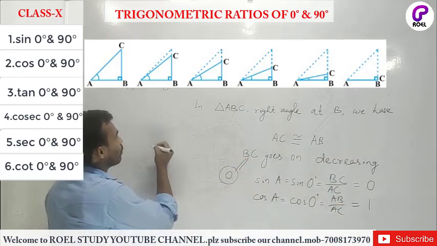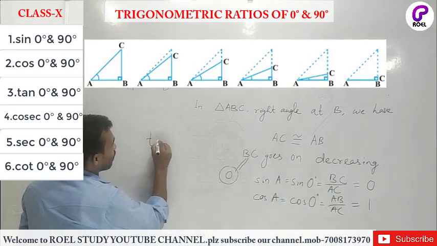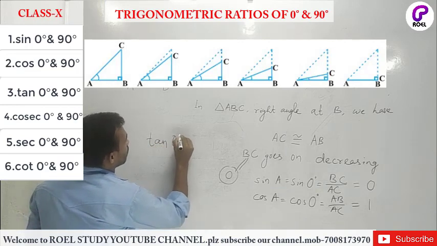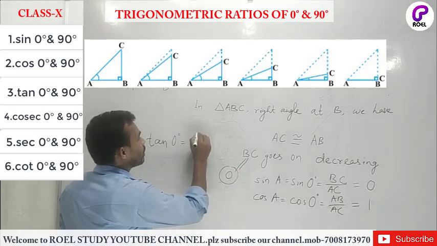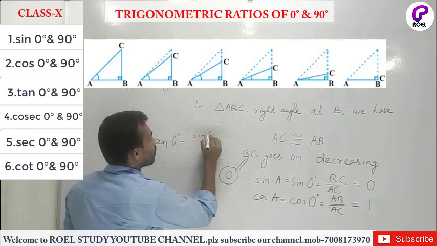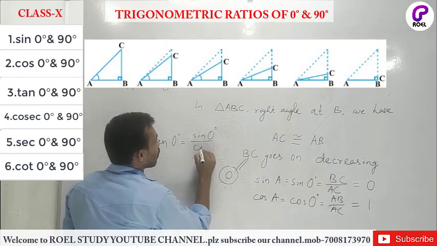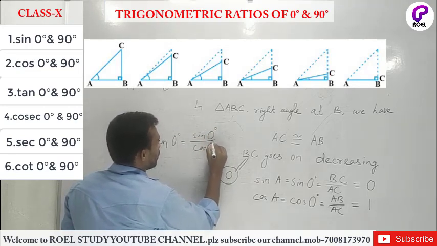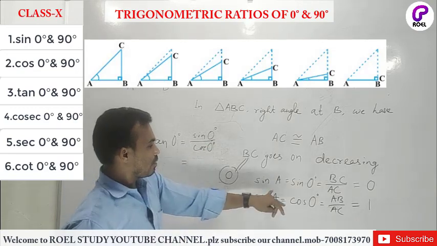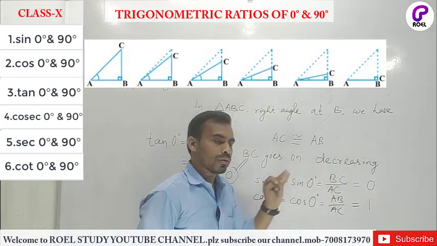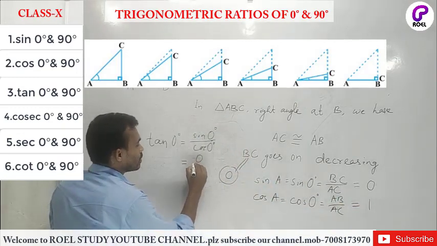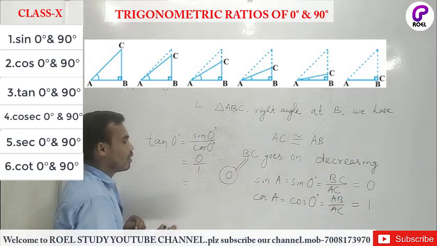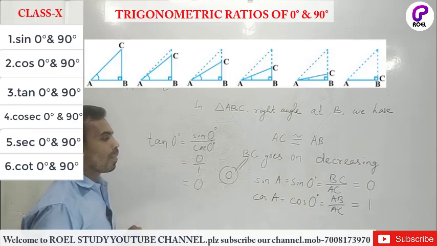What is the value of tan 0 degree? It is sin 0 degree by cos 0 degree. Since sin 0 is 0 and cos 0 degree is 1, it is 0 by 1, that is 0.